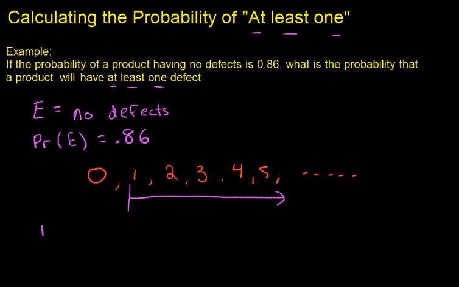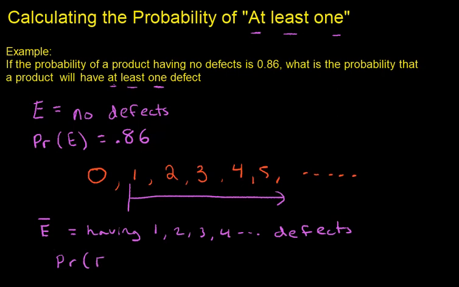So E complement would be having 1, 2, 3, 4 ... defects, so having one or more defects, right? Now, what I'm trying to figure out is the probability of E complement.